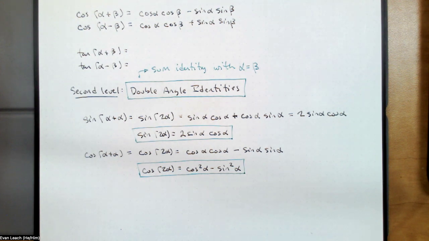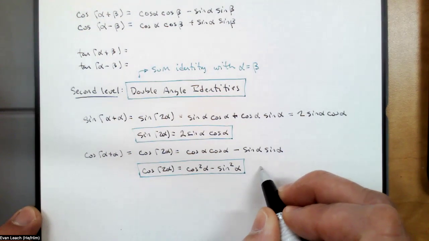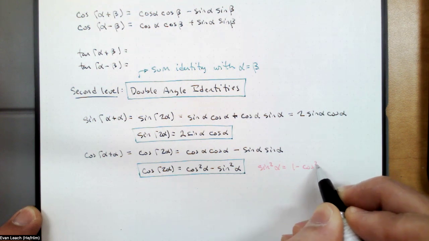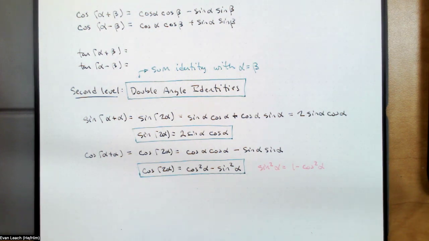The double angle identities came directly from our sum identities. Now notice that the cosine of 2 alpha has cosine squared and sine squared.